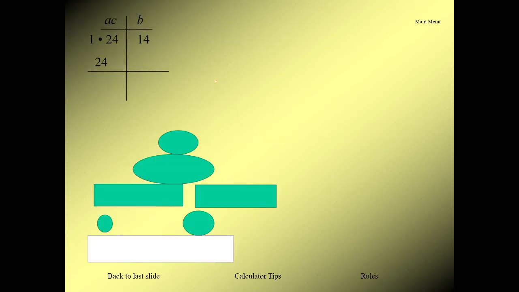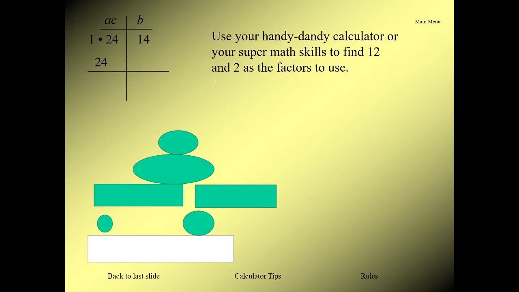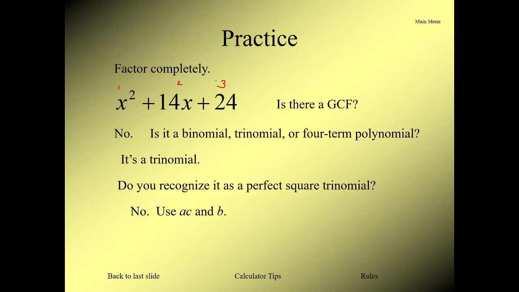Now, what's the A, C, and B method? You have to use your calculator or your super math skills to find 12 and 2 as the factors to use. As you can see here, in the A, C, and B method, what's A?